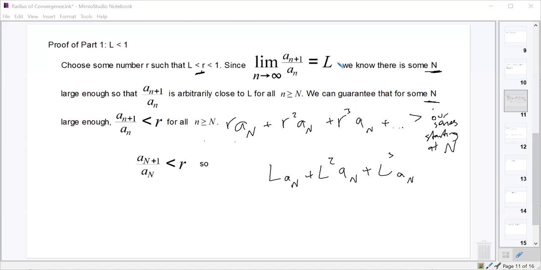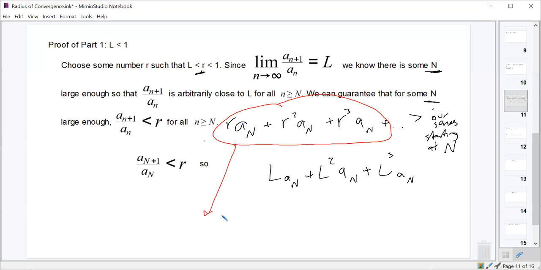Okay. So this series right here, R times A sub capital N, R squared A sub capital N, and so on. This just looks like what? It looks like A sub capital N times R plus R squared plus R cubed, and so on. And what is this series?